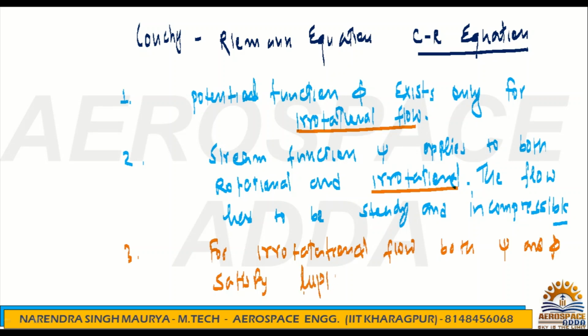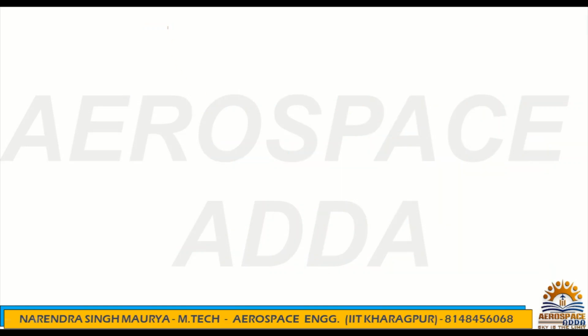You have seen the Laplace equation, both are satisfying. Consequently, if it is irrotational, then it can be interchangeable. That is the very important point. So here you can write, consequently, phi and psi are interchangeable.